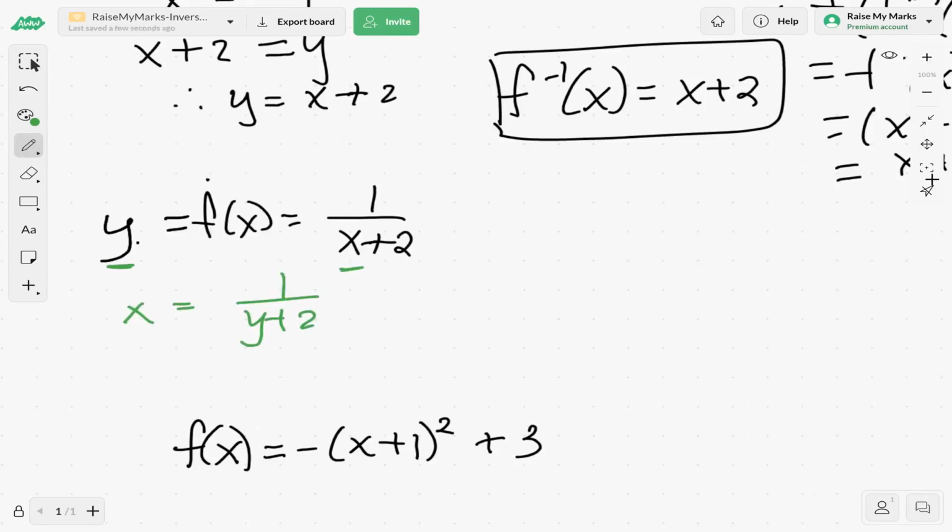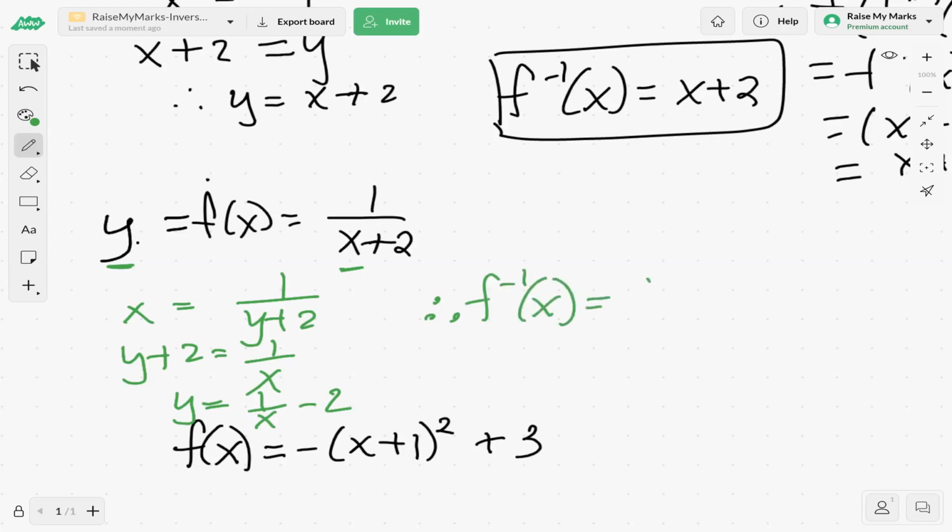We want to bring anything with a y, in this case the y plus 2, into the numerator. Good. And then we're going to solve for y. So we have y equals 1 over x minus 2. Okay. And then finally, we're going to replace y with the notation for the inverse function. So f inverse of x equals 1 over x minus 2. And again, we can check, but I'll leave that as an exercise.